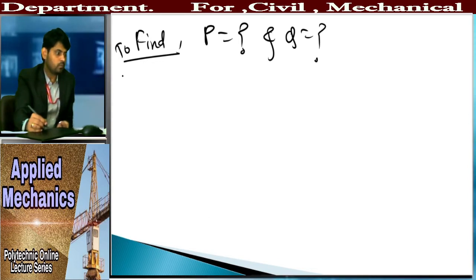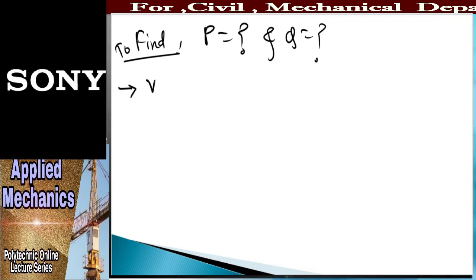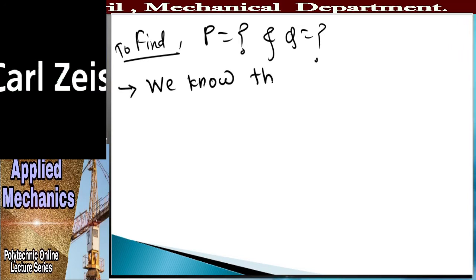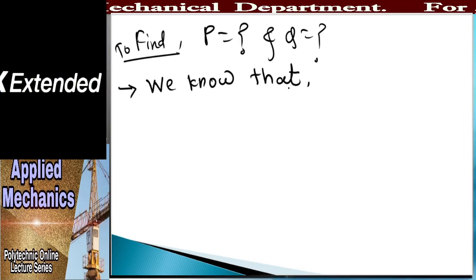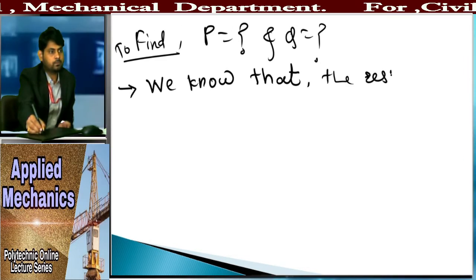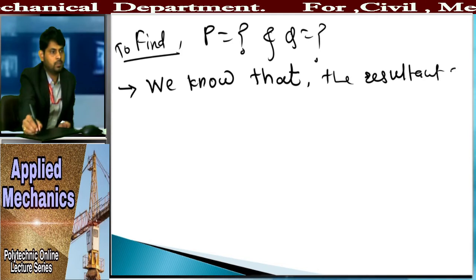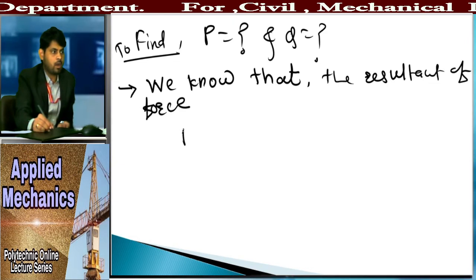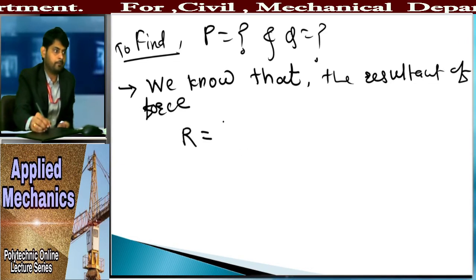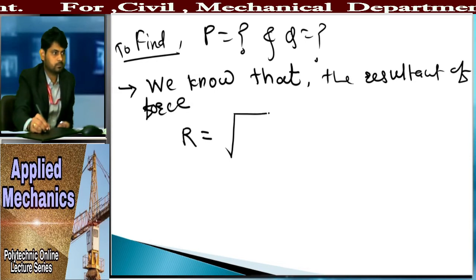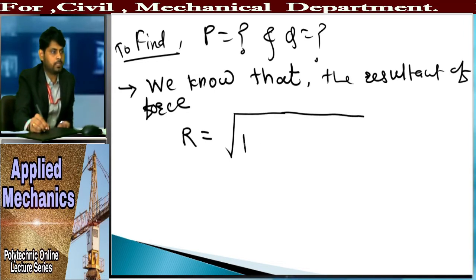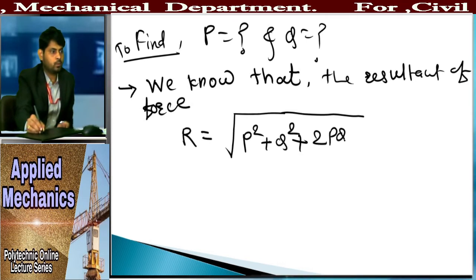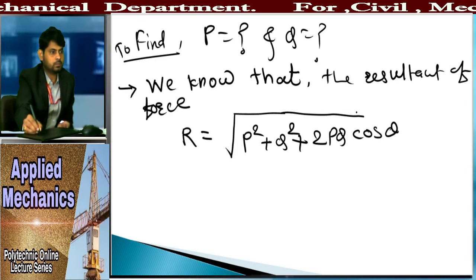Okay, so now we know that the resultant of force, that is nothing but R, is equal to under root of P square plus Q square plus 2PQ cos of theta.